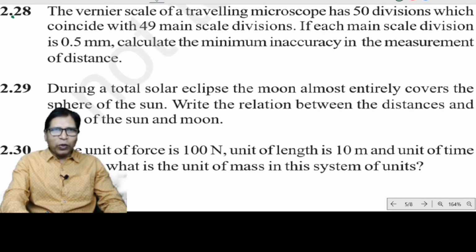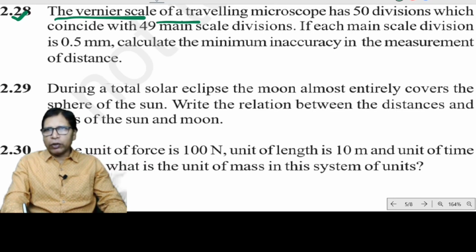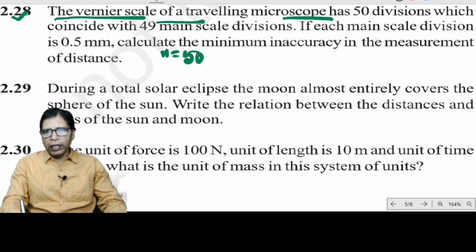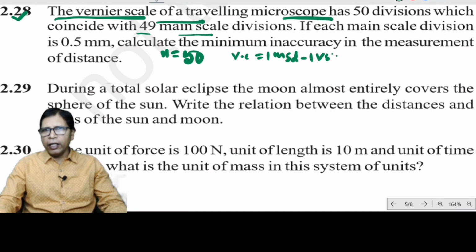Now question number 2.28. The Vernier scale of a traveling microscope has 50 divisions, that is capital N equals 50, which coincides with 49 main scale divisions. So VC equals 1 MSD, main scale division, minus 1 VSD. Each main scale division is 0.5 millimeter.